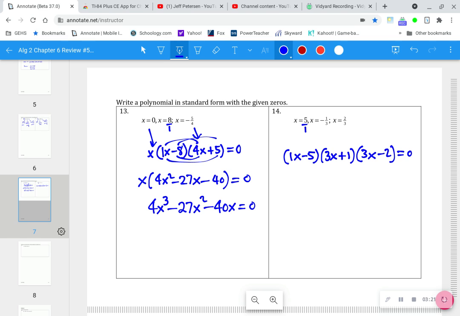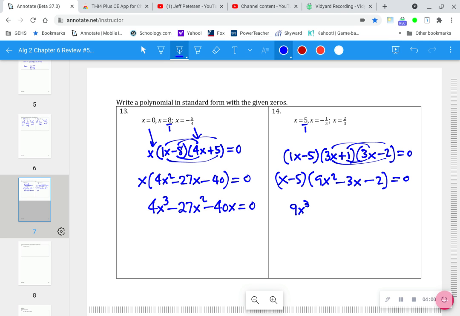And now all we have to do is multiply this out. So I'm going to put my x minus 5 on hold. And here you get 9x squared minus 6x plus 3x combines to that. And finally minus 2 back here. And we're going to take the x times all three of those. We'll distribute that x. Oops, 9x to the cube, third power.